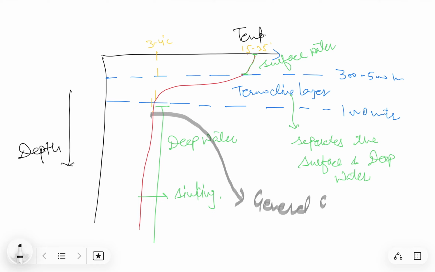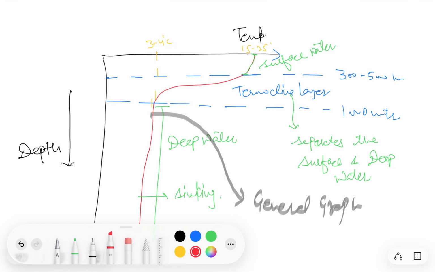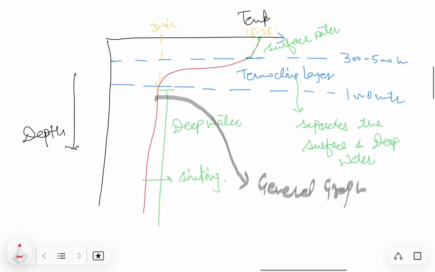This is the general graph. But in the case of the polar areas, having 0 degree temperature, it will look like this.